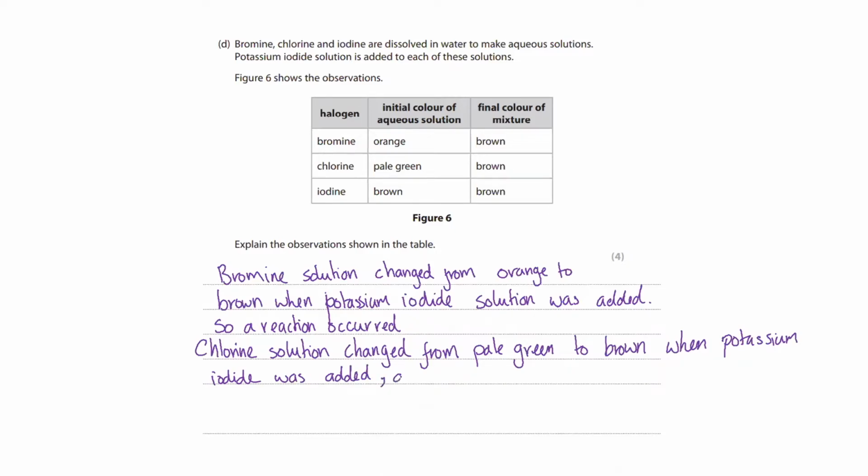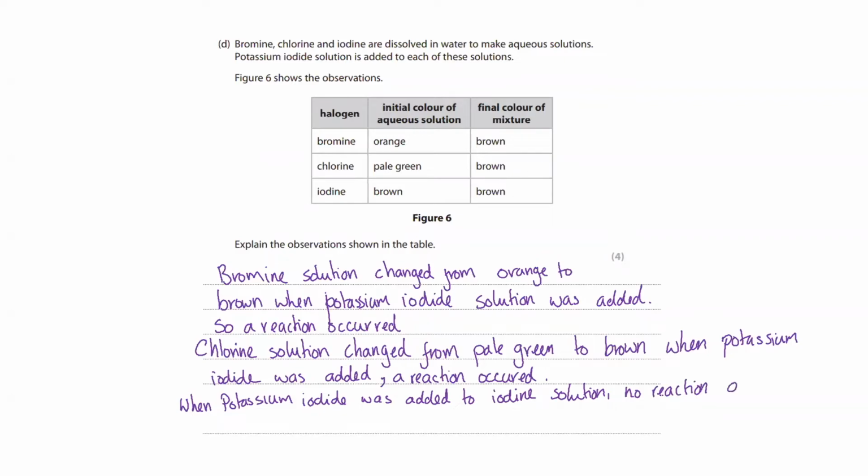A reaction occurred. However, when potassium iodide was added to iodine solution, no reaction occurred. So let's think about why this was.